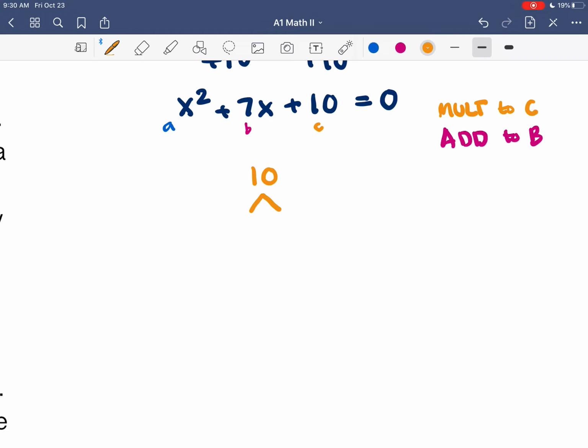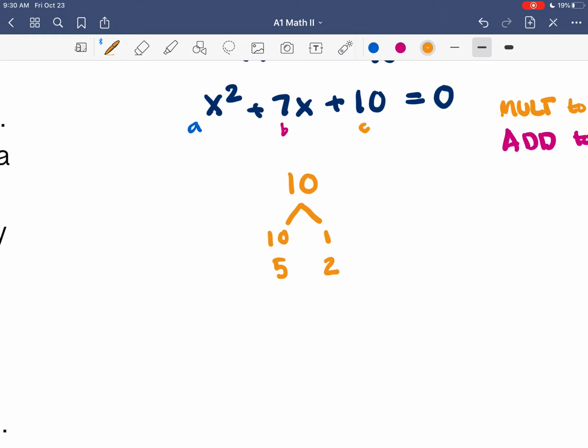So we are bound to run into the answer if we're just listing factors of 10. We've got 10 and 1, right? 10 times 1 makes 10, and we also have 5 and 2 that make 10.